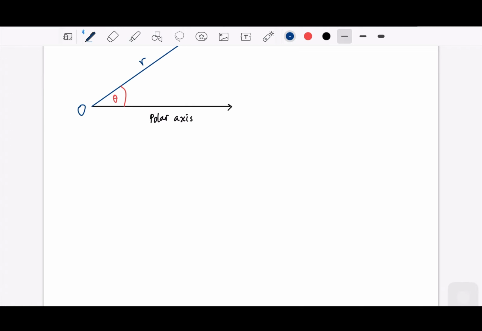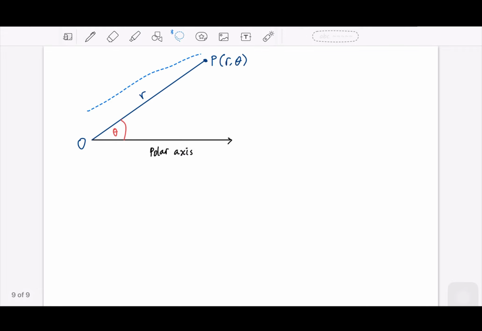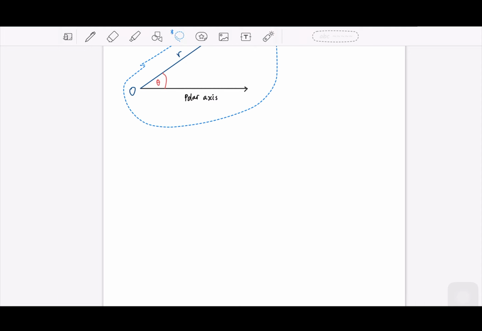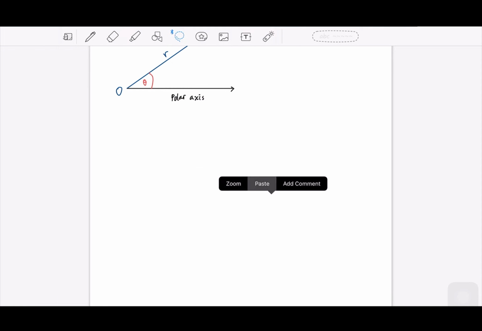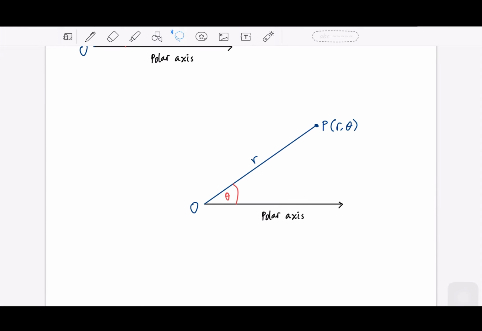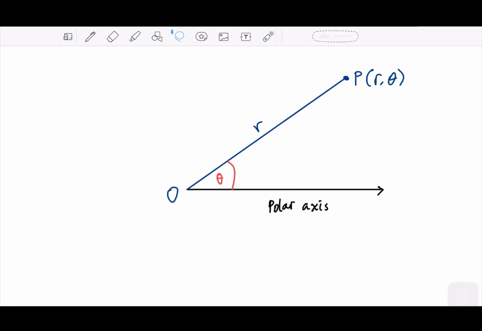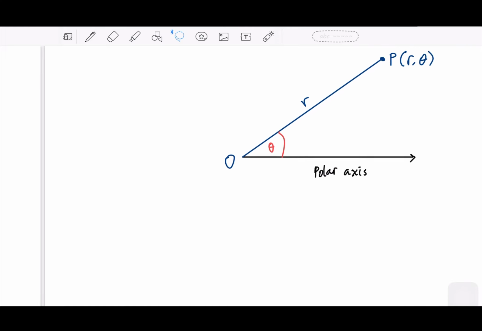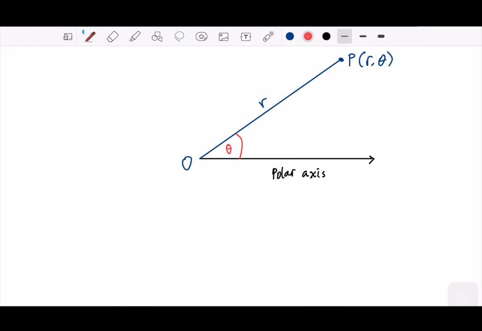Let me take this and copy it here. Let me make the graph first. Let me erase this part.